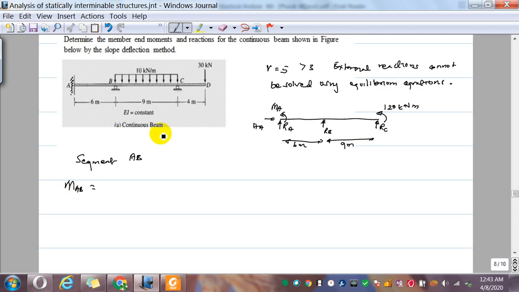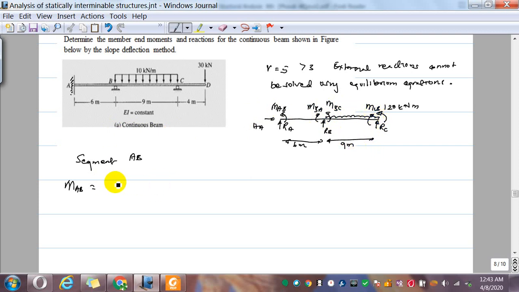Here you have MAB, here MBA, here MBC, here MCB, and then you have the load acting here.